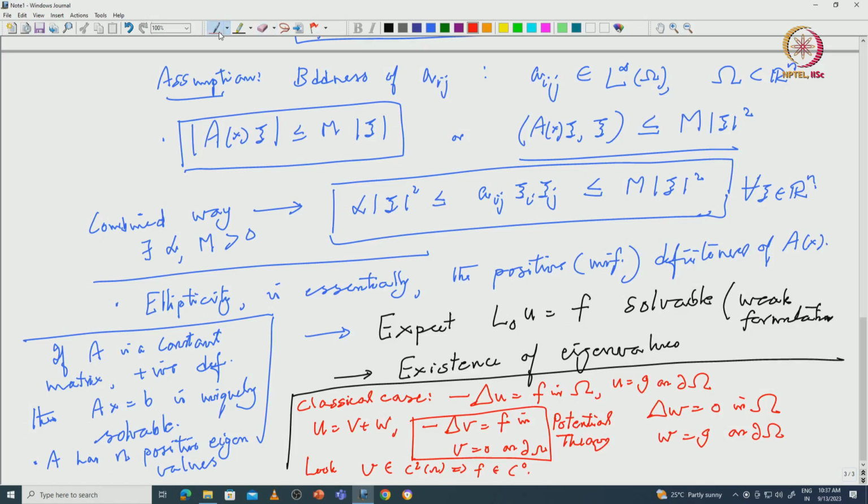Just continuity of f is not enough. What we need is that f should have some Hölder continuity. So we need a little more assumption, even for the solvability in potential theory.